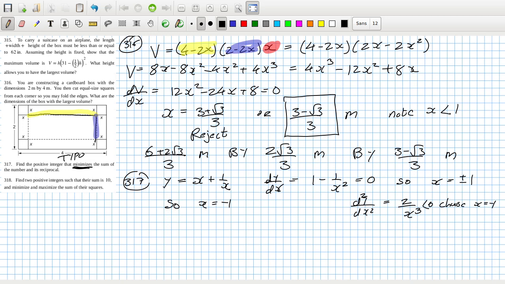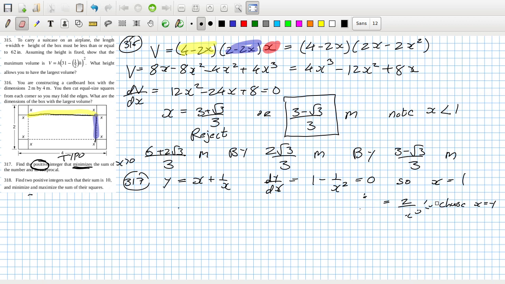Find the positive integer. So you have no choice. Yeah, so we have to choose 1 because x has to be more than 0.